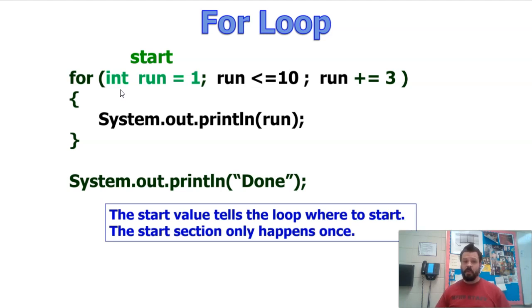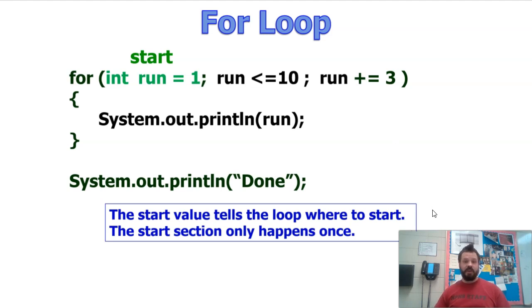I need to tell Java what type of variable I have, and for our purposes, we'll just say int. I need to give it a name. Typically we'll say i and j, some simple letters like that, usually i for index. But we can really name that anything we want. And then we'll give it a start value here of a 1. In other words, my loop's going to start with that counter variable at 1.